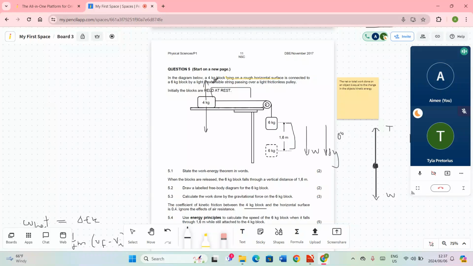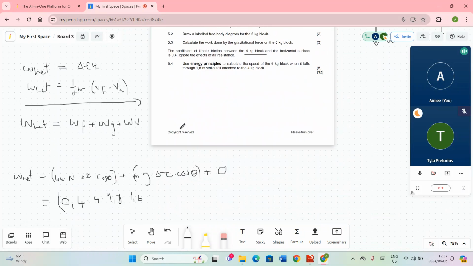Your change in x is moving from this side to this side, so it's moving this way, and your friction always moves in the opposite direction of motion. So that means that if one is moving this way and the other one is moving this way, the angle between them is in fact 180 degrees. So we say times cos 180 degrees.